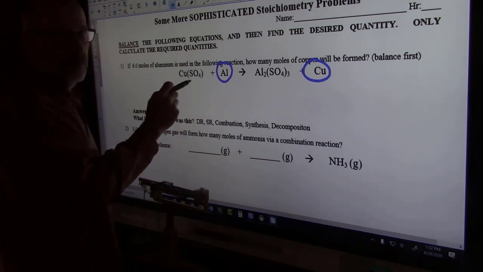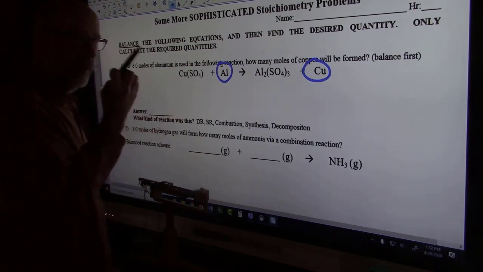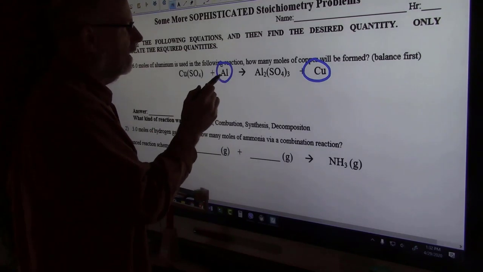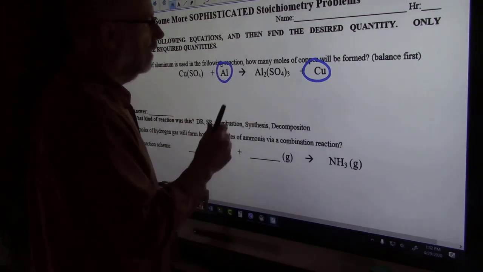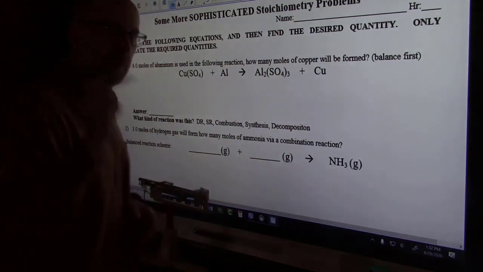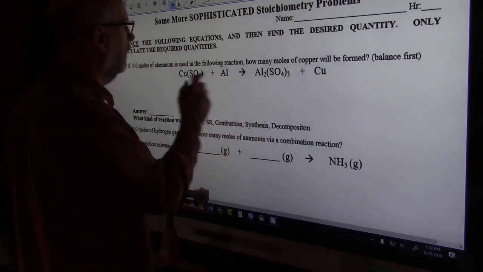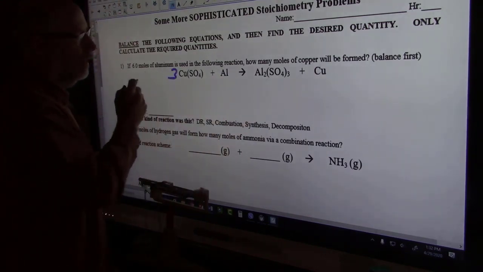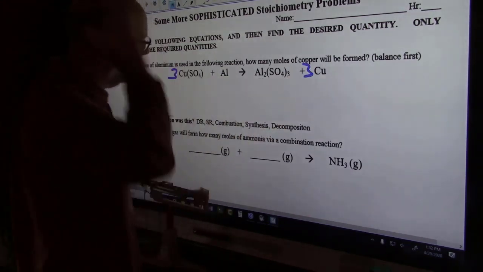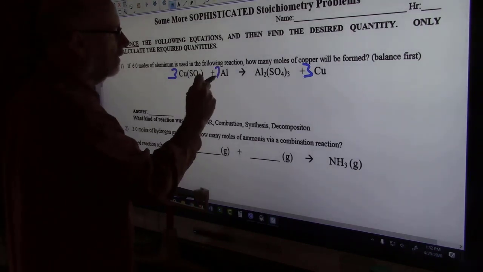I put a parenthesis around this to remind you that sulfate is one thing, it sticks together. And it makes aluminum sulfate plus copper. You have to balance the reaction first. Make sure you balance it. 1 copper, 1 copper, 1 sulfate, 3 sulfates. I need a 3 in front of this, which means I need 3 Cu's as well. So this is good. 1 aluminum, 2 aluminums. I need a 2 here, and we're good.